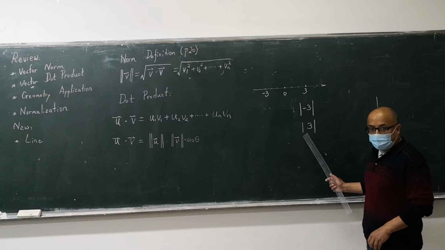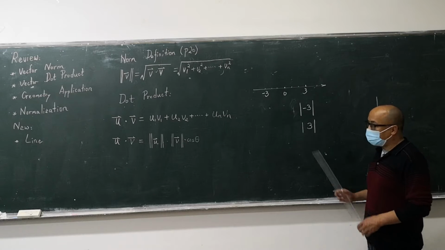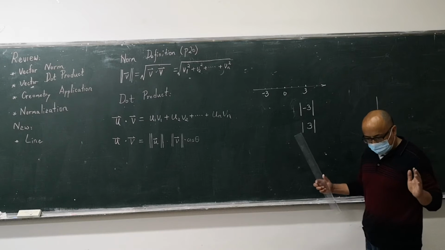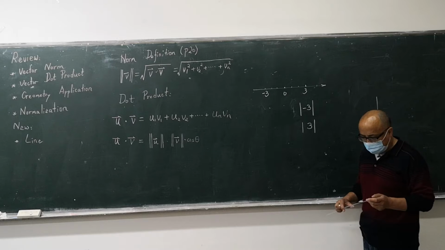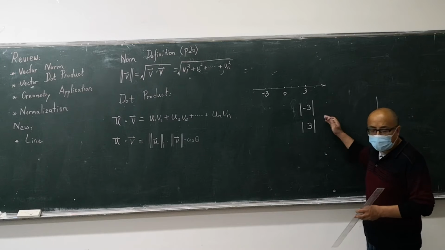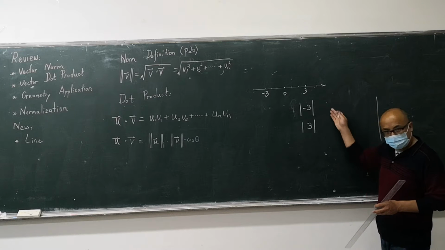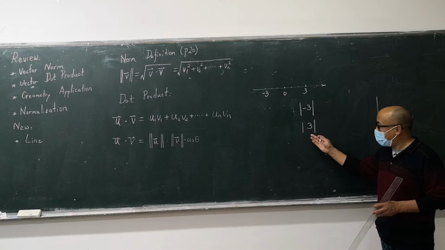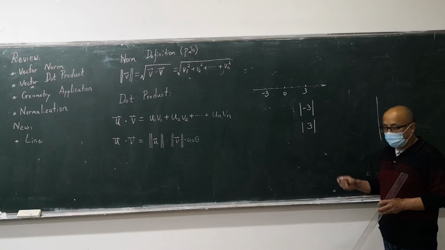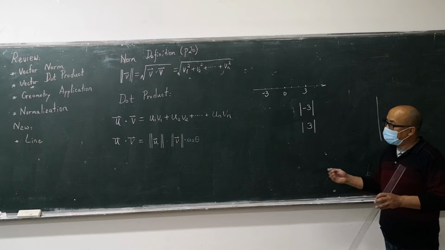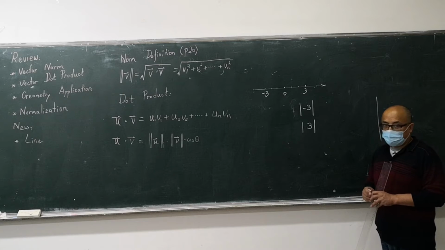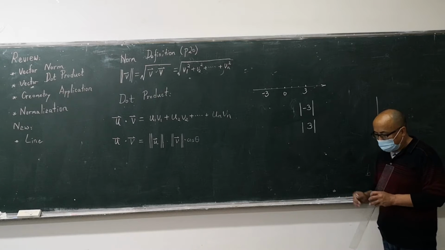They are both equal to 3. So we don't care which way. Sometimes it's useful, right? Mathematicians invented the absolute value because sometimes we need it.